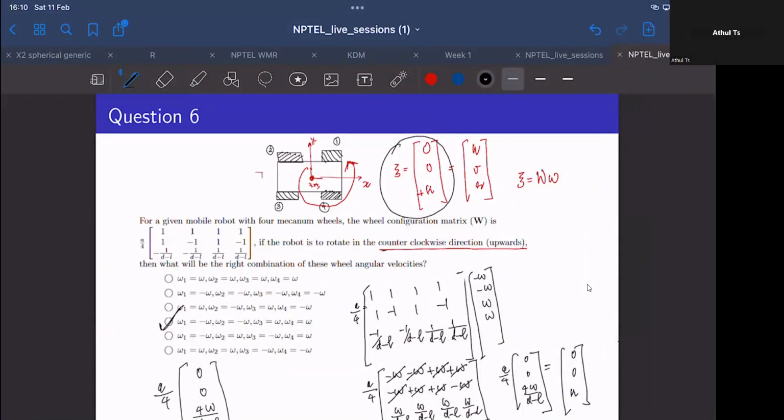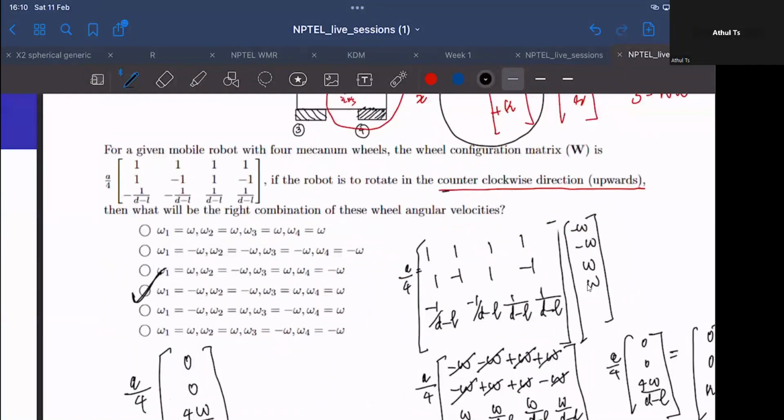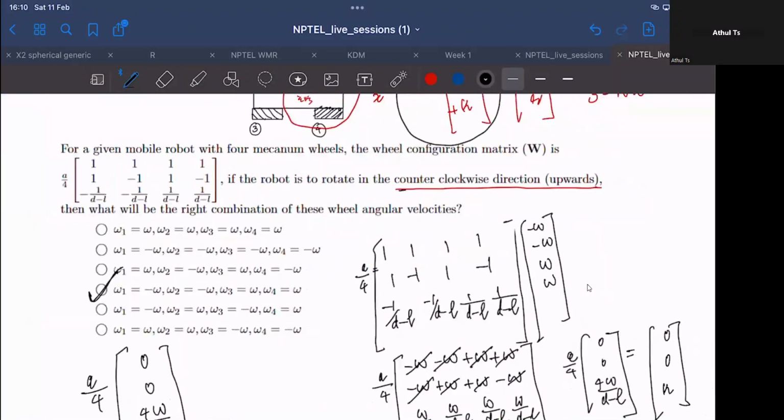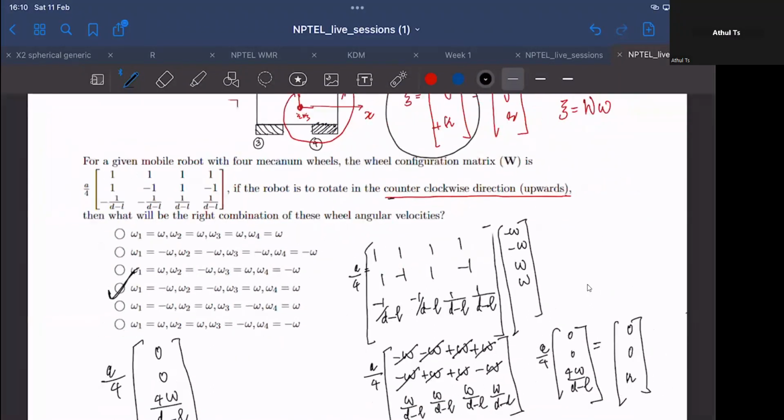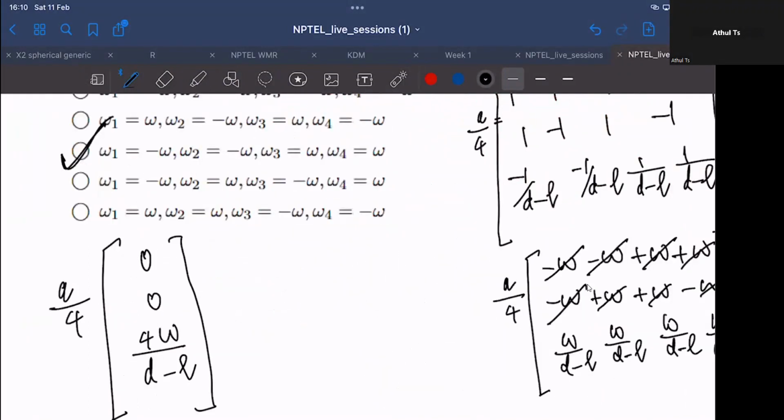One second. This case will only be true if d is greater than L. Otherwise, this entire term would be negative.